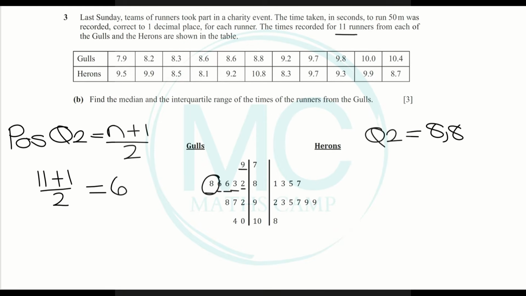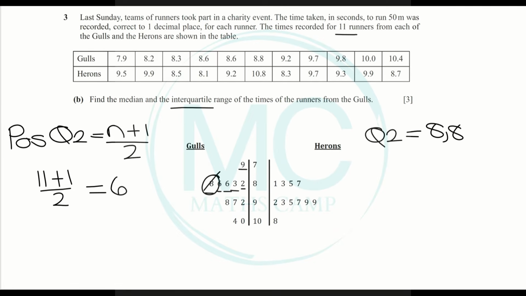In order to find the interquartile range, I need Q1 and Q3. Q1 sits below Q2 and Q3 sits above it. When looking for these values, we do not consider the median. We had 11 runners, no longer considering the median, which means we now have 10: 5 values on one side and 5 on the other.